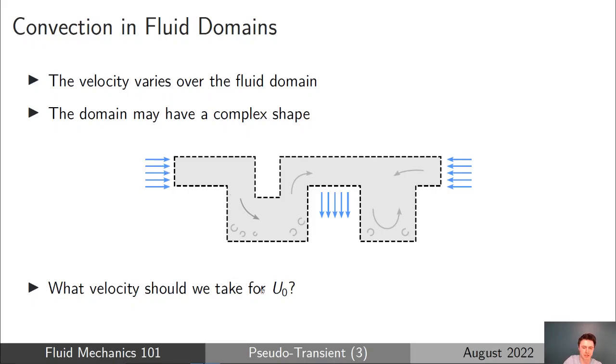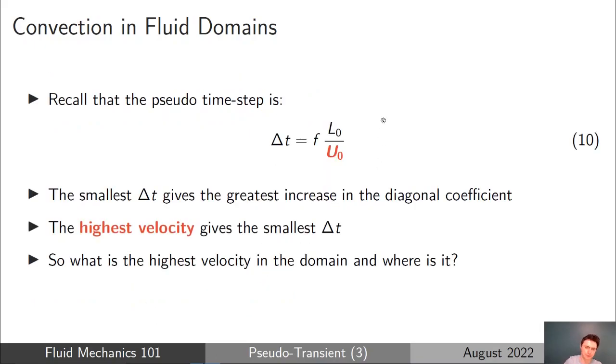So as the velocity varies everywhere, what velocity should we take for the characteristic speed in this domain? We can calculate the characteristic speed for diffusion directly using that previous formula, but what's the characteristic speed for convection here?